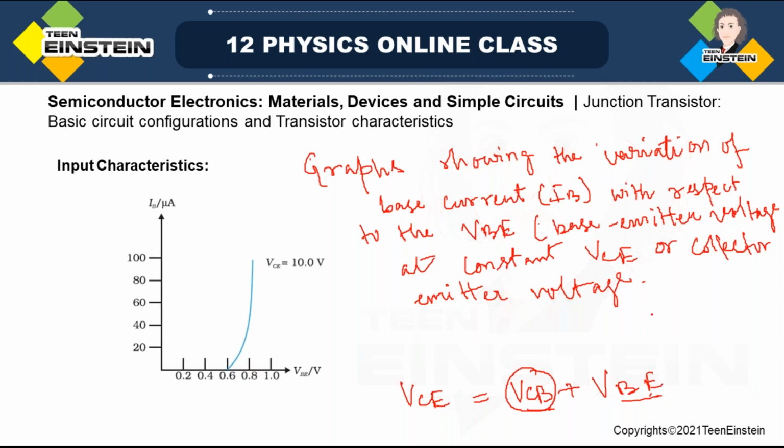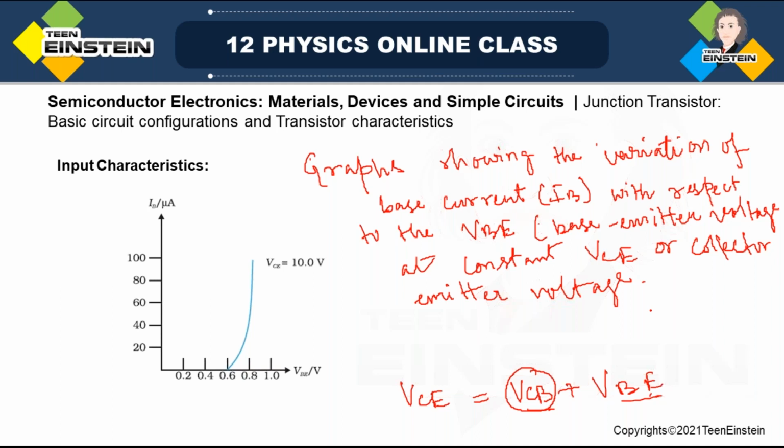So the base current will be affected by the VCE voltage.